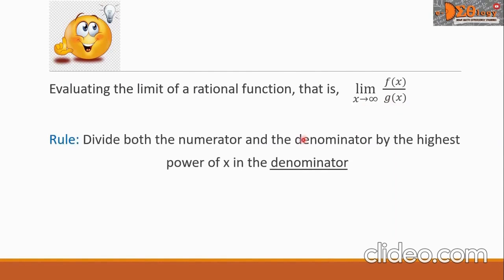The rule is we're going to divide both the numerator and the denominator by the highest power of x in the denominator. Then simplify.